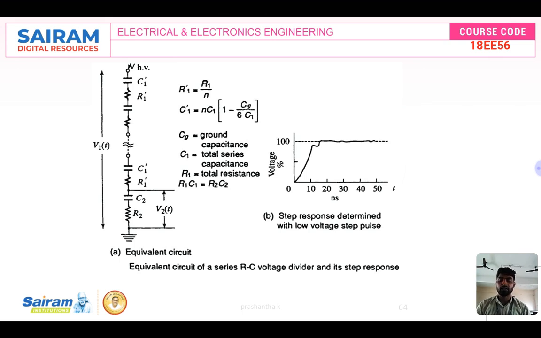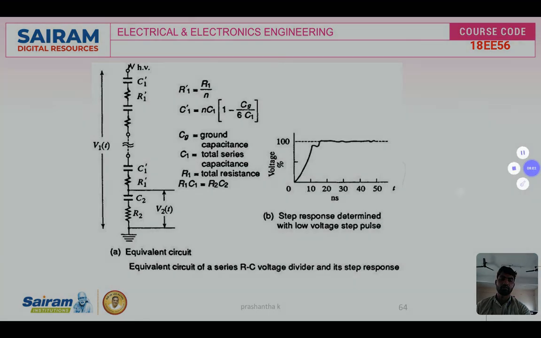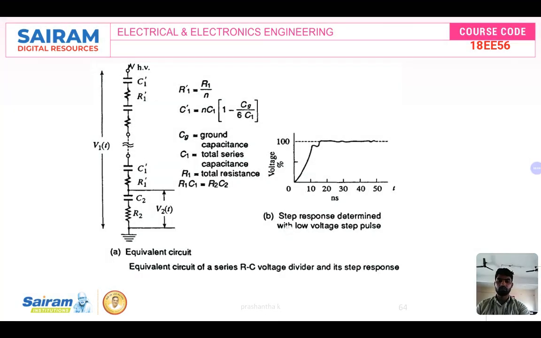R1 is the total resistance. R1 C1 is equal to R2 C2, everybody knows. This is the overall equivalent circuit, okay. The step response determines the low voltage step pulse, like this. So this is the overall circuit. In the next class we'll discuss a complete explanation for this circuit diagram.